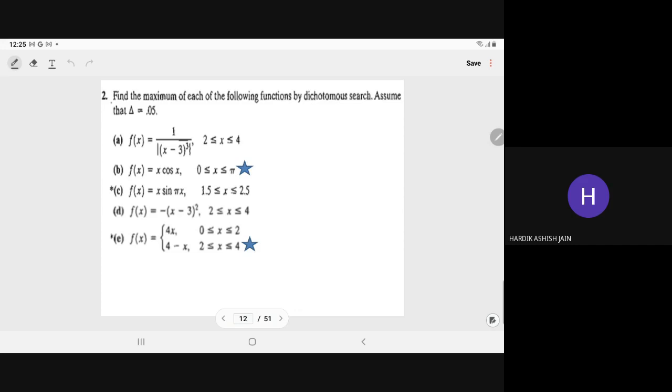Now find the maximum of the following function by the dichotomous search. Assume delta is equal to 0.05. So let us have this question: f(x) is equal to x cos x, and the limit of x is 0 to pi. This is the initial interval, 0 to pi.